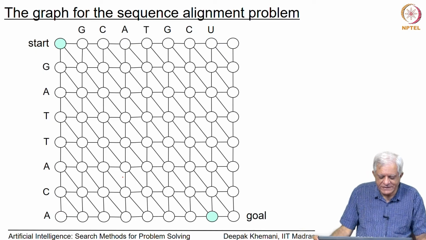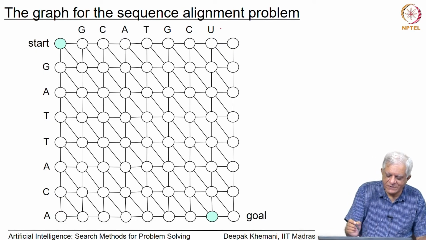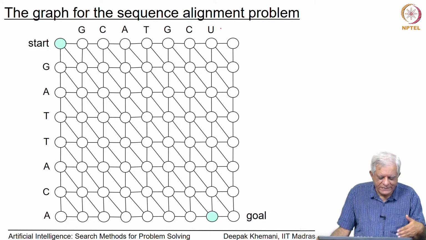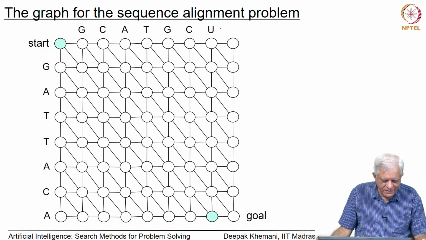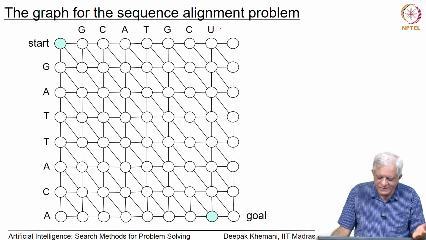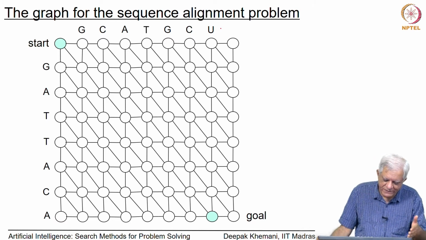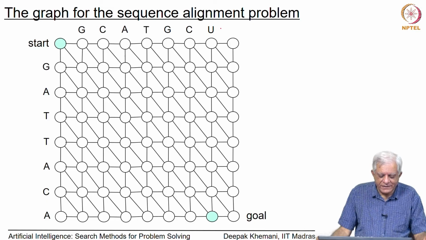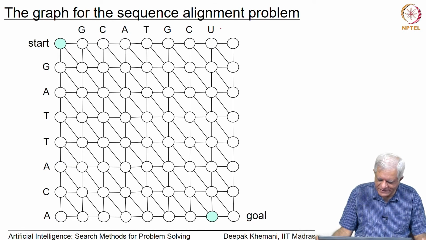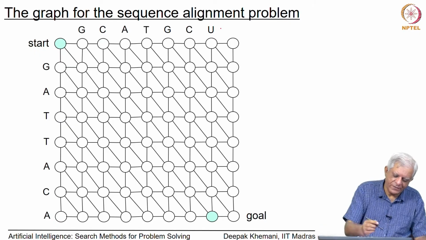The one string is GCAT which is shown on the top, and the second string is GATTACA, which is shown on the left. And remember that the moves that you can make are either to the right or diagonally bottom towards the right or to the bottom.